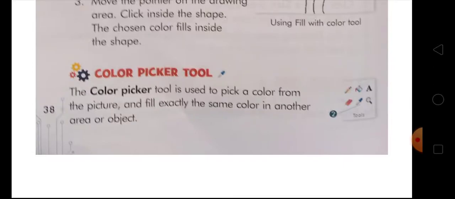You can see the color picker tool given here. The color picker tool is used to pick a color from the picture. If you want to pick a color from another picture, you have to use the color picker tool and fill exactly the same color in another area or object, okay.